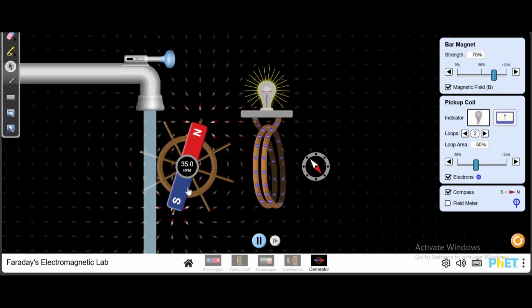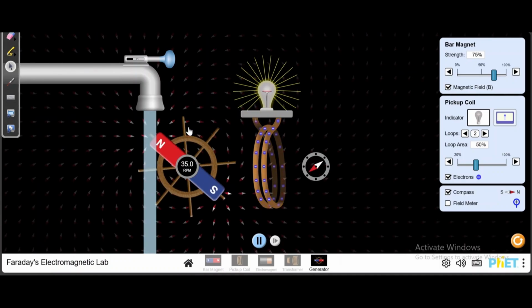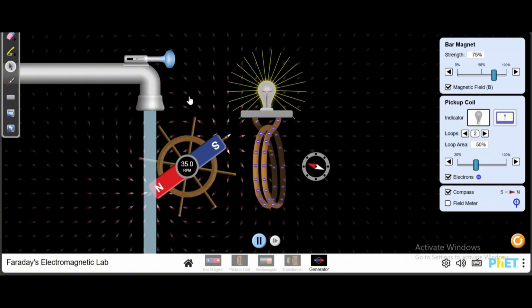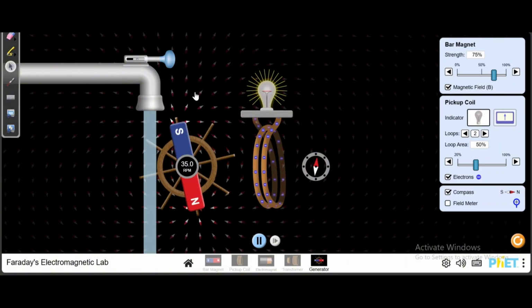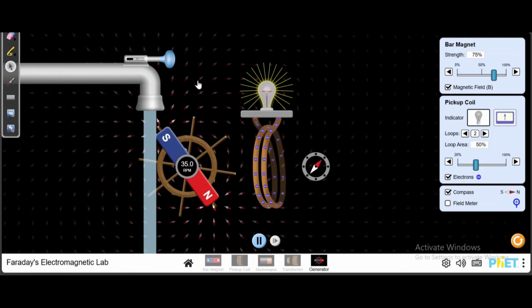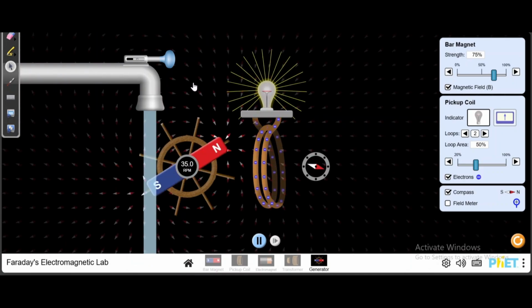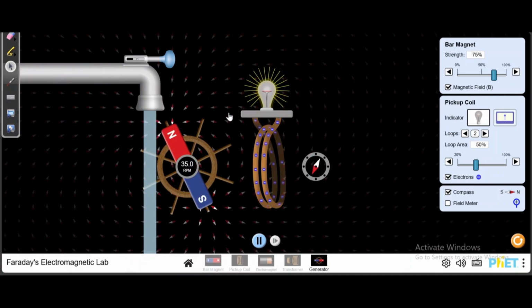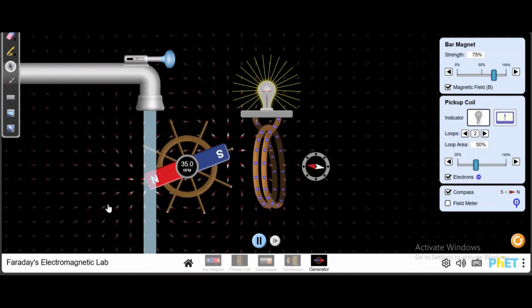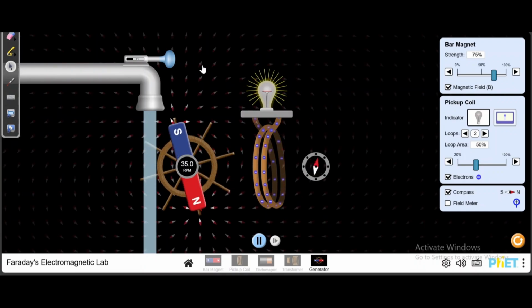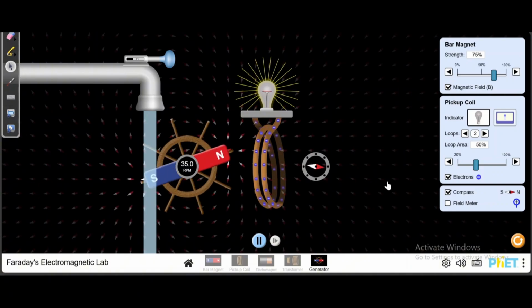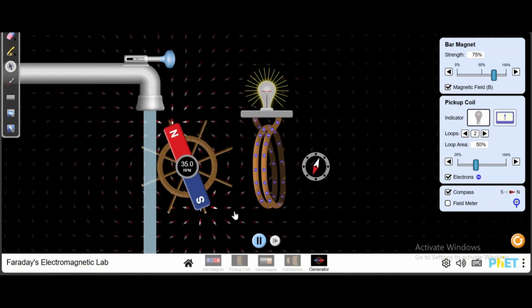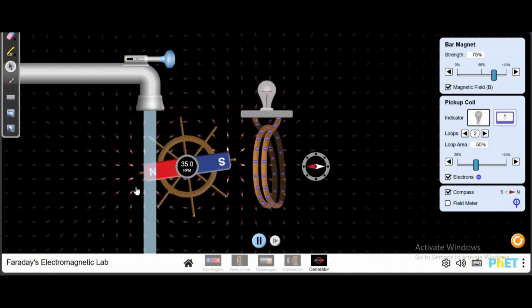Due to rotation of this turbine, a change occurs here. Please focus here. The direction of this magnetic field is changing with time everywhere.